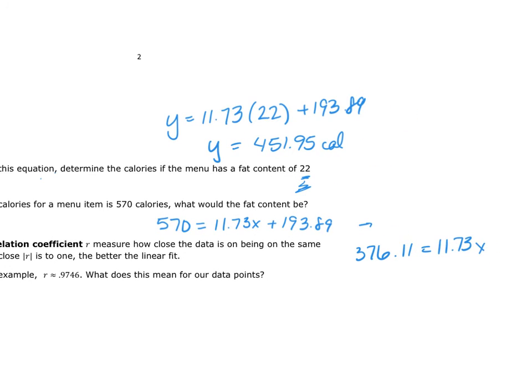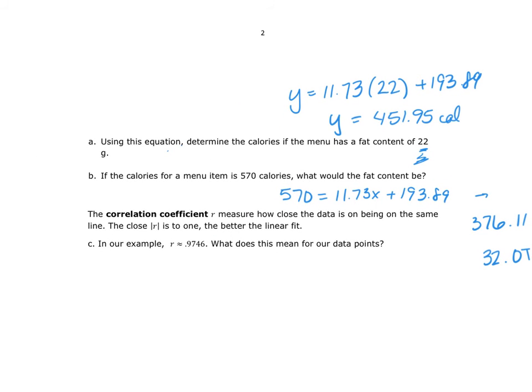I divide both sides by 11.73, and so my predicted amount is 32.77 grams of fat. Remember they don't cause each other, but that is the predicted amount of fat if you had a 570 calorie item on the menu.